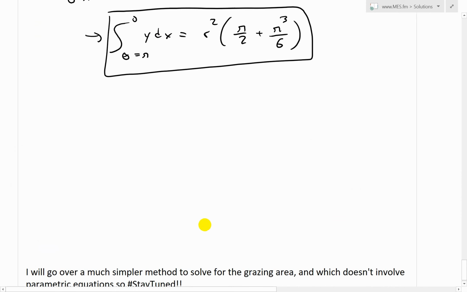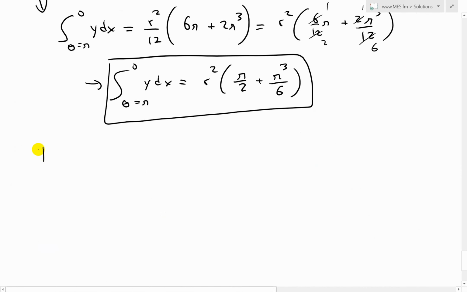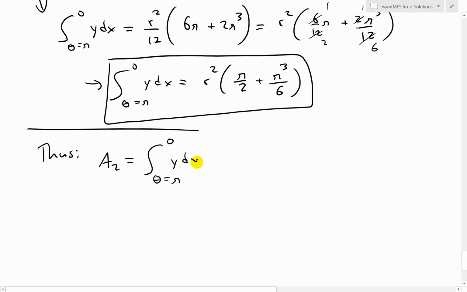Area 2 equals, remember, the integral from theta equals pi to 0 of y dx, subtracted by pi r squared over 2, which equals r squared times pi over 2 plus pi cubed over 6.